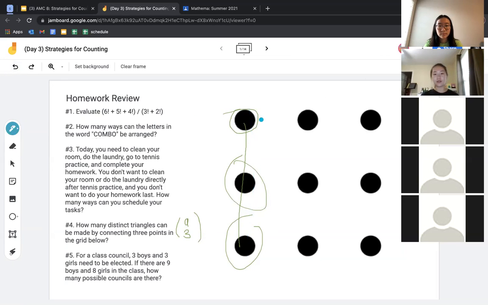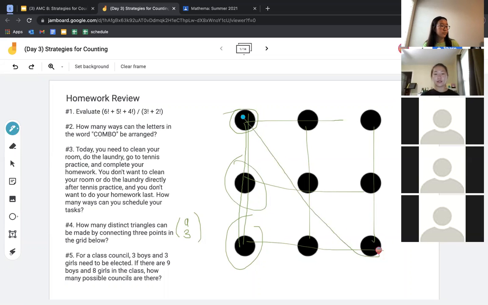So there's 1, 2, 3, 4, 5, 6, and then also these diagonal ones, 7, 8. So I have to subtract 8 from this. Oops, that is a really weird 8. But yeah, so 9 choose 3 is what?